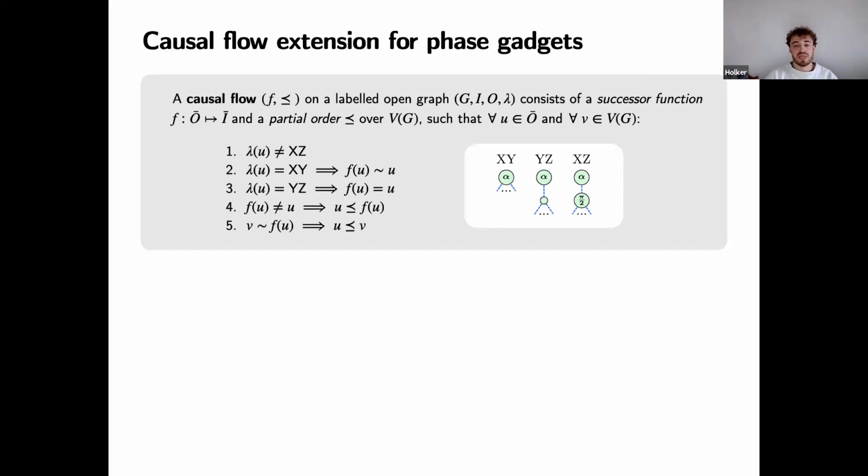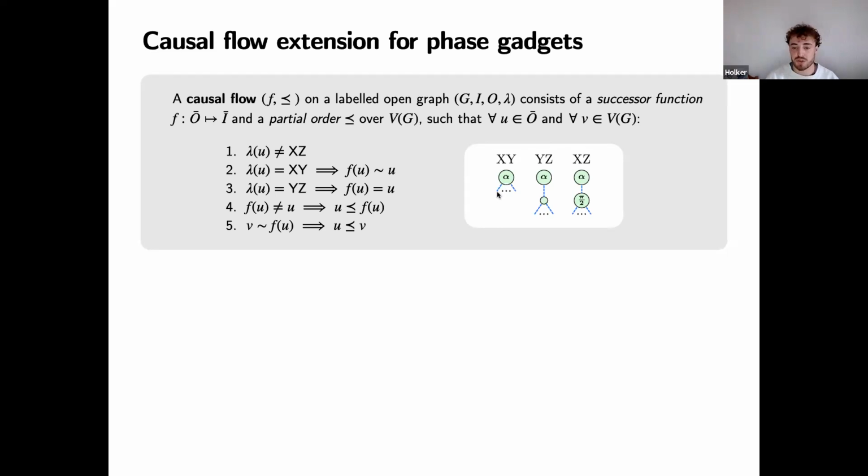Causal flow can also be slightly extended to include phase gadgets in an analogous way to how gFlow is extended to include all measurement planes in measurement-based quantum computing. In this, I've slightly modified how the different measurements are handled.